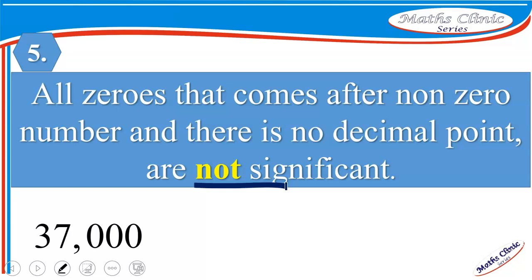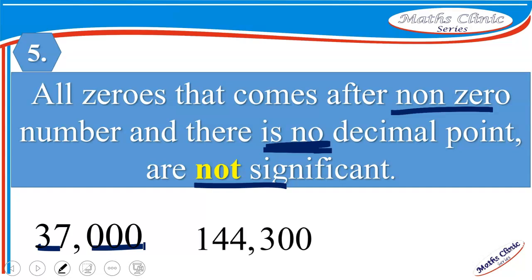All zeros that come after a non-zero number like 37, and there is no decimal point, those zeros are not significant. So 37,000 has only two significant figures. Then 144,300 has only 1, 2, 3, 4 significant figures. I hope it makes sense.